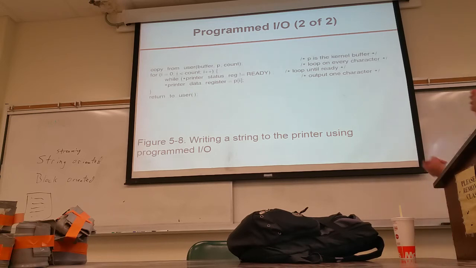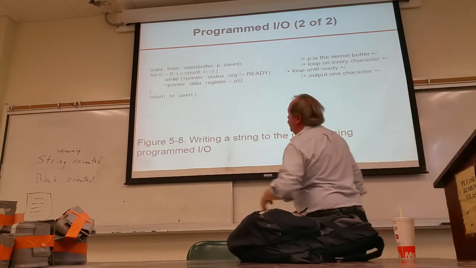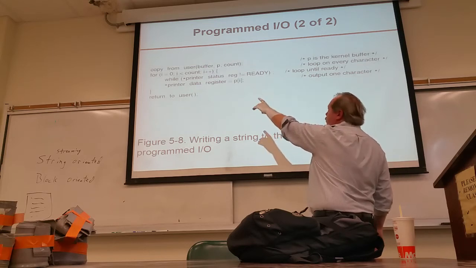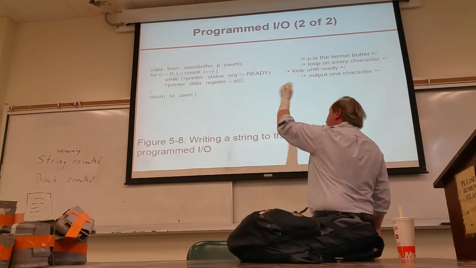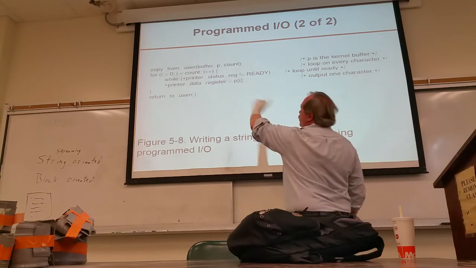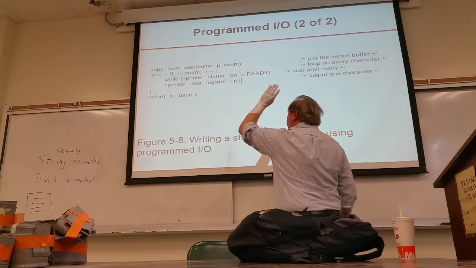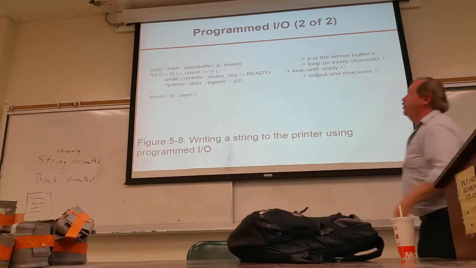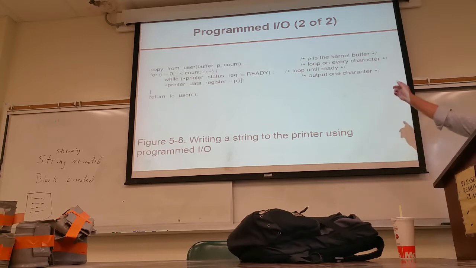Okay, so in pseudocode, what does that look like? Well, you're getting copy from user, you pass it a pointer to the buffer, you're gonna have a count, right? And then all you're gonna do is go from 0 to count, transfer, after you got your ready. Remember, first thing you have to do is get your ready status word back from the device.